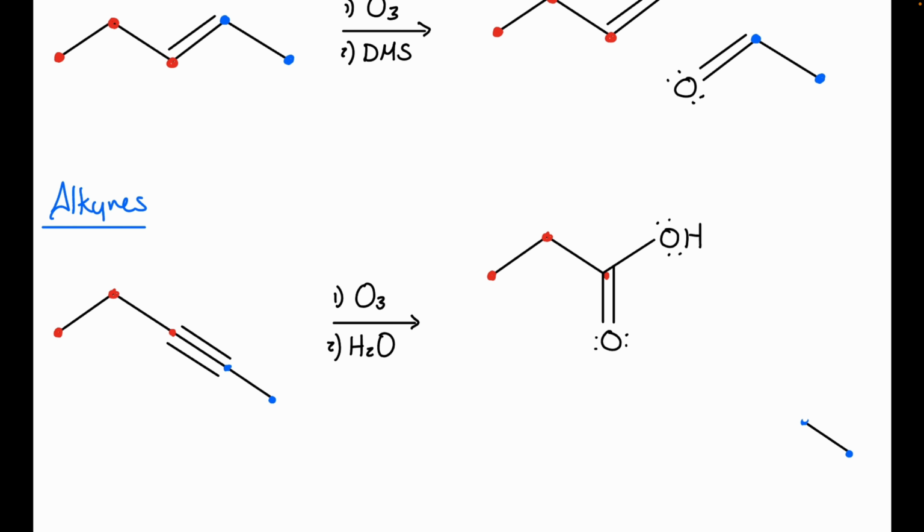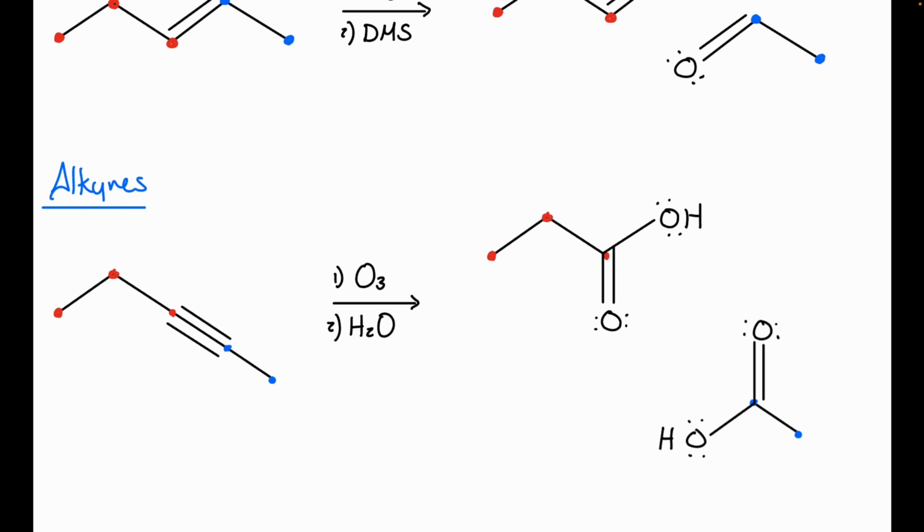All right, so that's our big difference here between these two. We still have that oxidative cleavage. We still cut it in half. We're still going to oxidize that carbon as much as we can. All right, but now our two fragments, instead of being carbonyls, will be carboxylic acids.